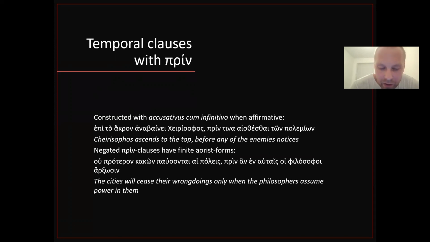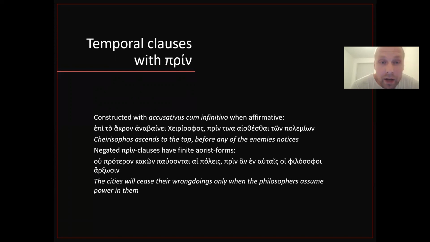And likewise, temporal clauses introduced with prin are in general constructed with an accusative and infinitive combination when the main clause is affirmative. However, in cases when the main clause is negated, the predicate of the subordinate clause is usually a finite aorist form instead.